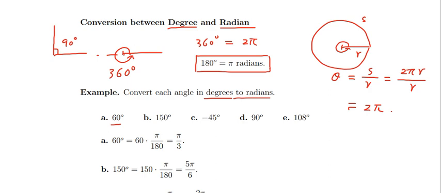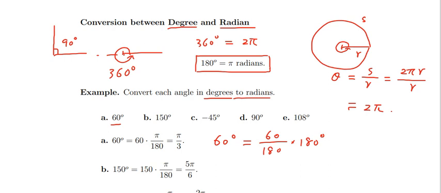I just remember this: 180 equals pi. So what is 60? We just check 60 equals how much of 180? So 60 equals 60 over 180 of 180.